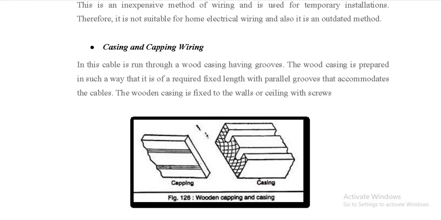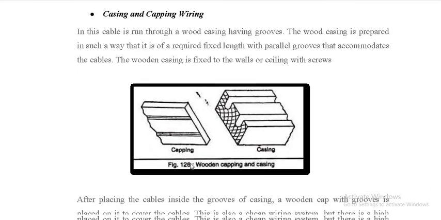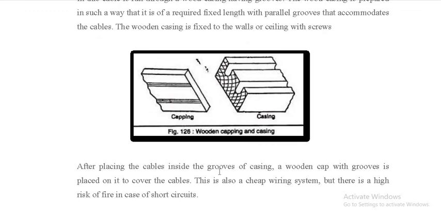Both are made of wood. This is again ugly to look at, and just because it is wooden, it is prone to fire also. So it's cheap, but it is not used nowadays because of the poor aesthetic look, and because it is wooden, it is prone to fire.